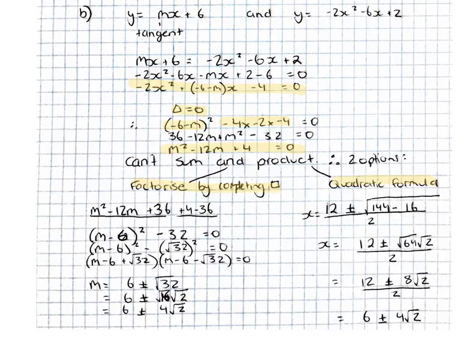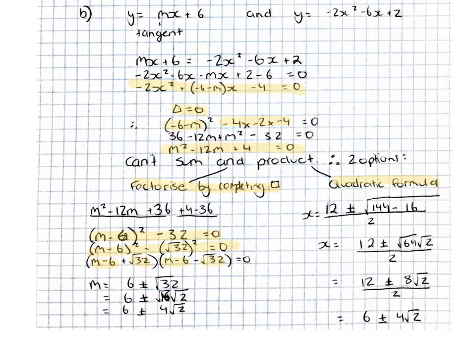Maybe the tricky bit that we haven't quite got used to is after completing the square, so we're in turning point form here, we need to make that minus 32 into the square root of 32 squared so that we can use dots. So we have the a, which is m take 6, and the b, which is the square root of 32.